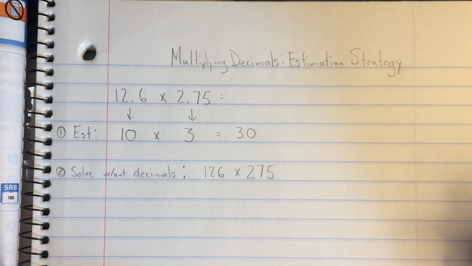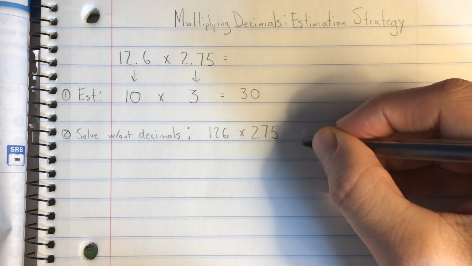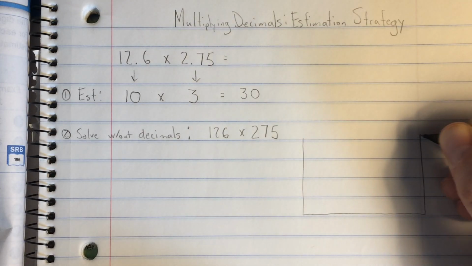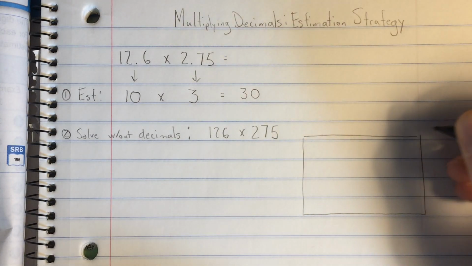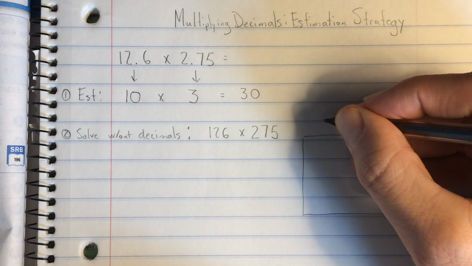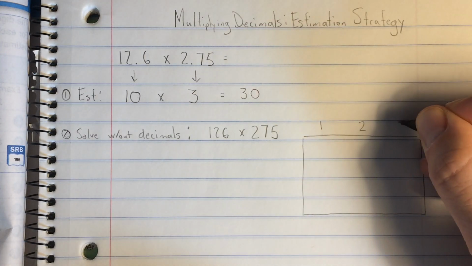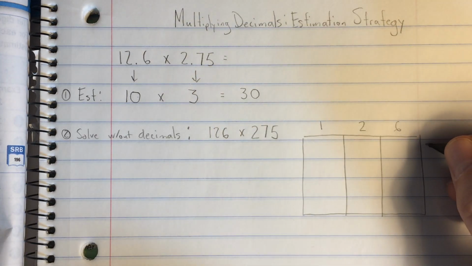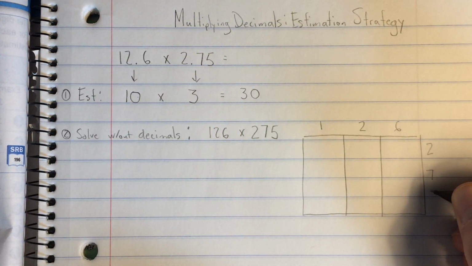I'll show you lattice. So it looks like we're going to get a rectangle that can accommodate 3 digits along the top and 3 along the side. We'll put 1, 2, 6 up above, 275 along the side.